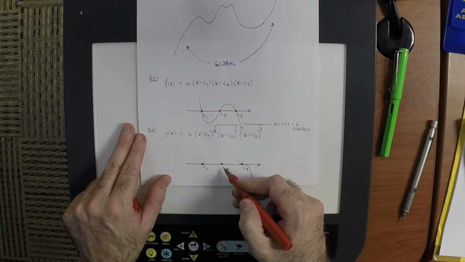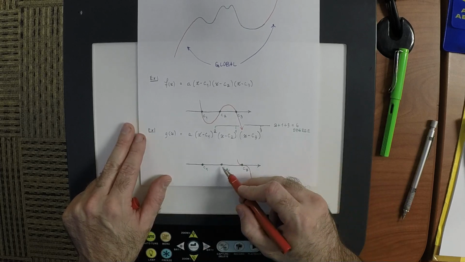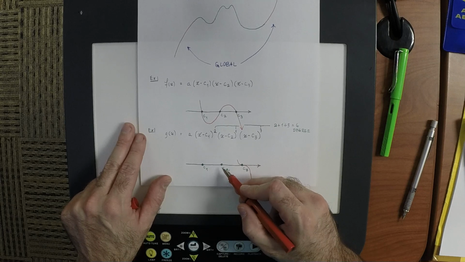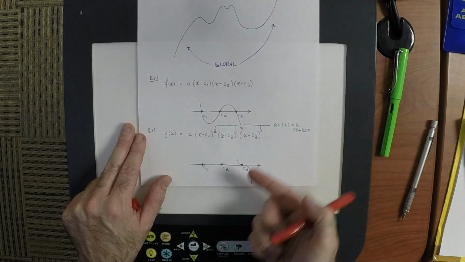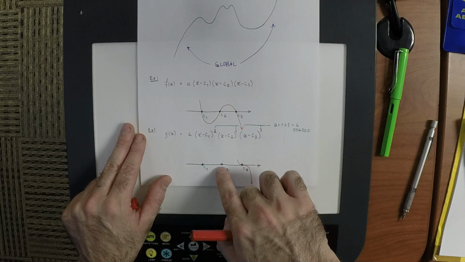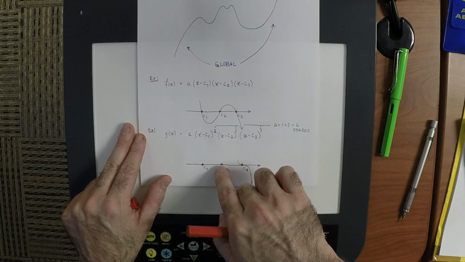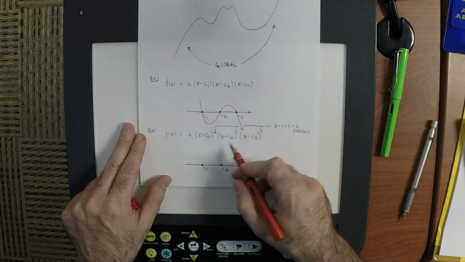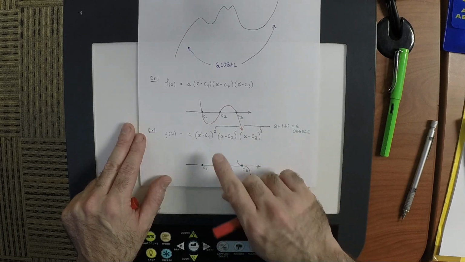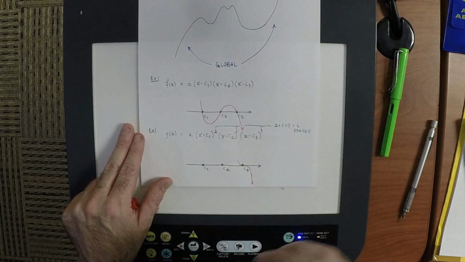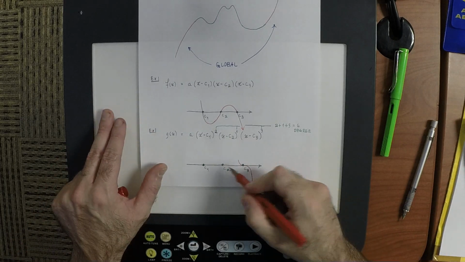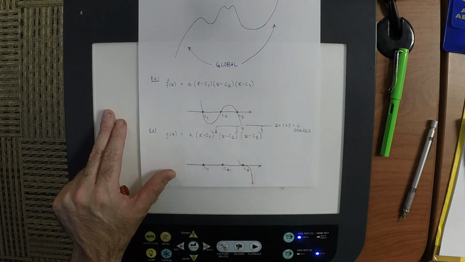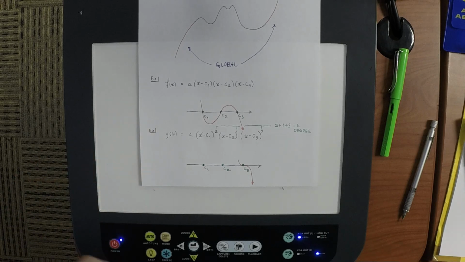So now, going to the left, this C2 is the next zero. So we're going to have to bend down and go through and deal with this C2. But notice, what's the exponent for the factor that deals with C2? 1. So we're going to pass through C2, not like a cubic, but like a polynomial of degree 1.